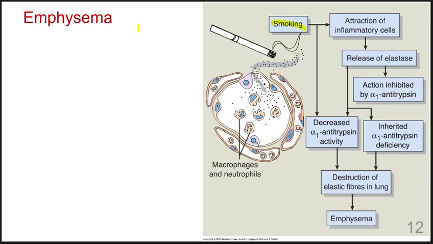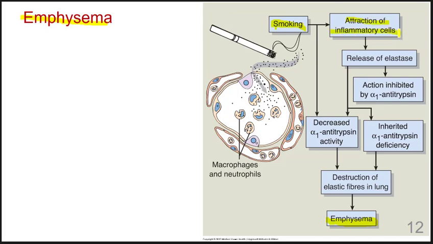We're going to have a look at how smoking can cause emphysema. Emphysema, you will commonly hear this term used interchangeably with COPD. People who smoke are going to have this pretty extensive attraction of inflammatory cells to the lungs.